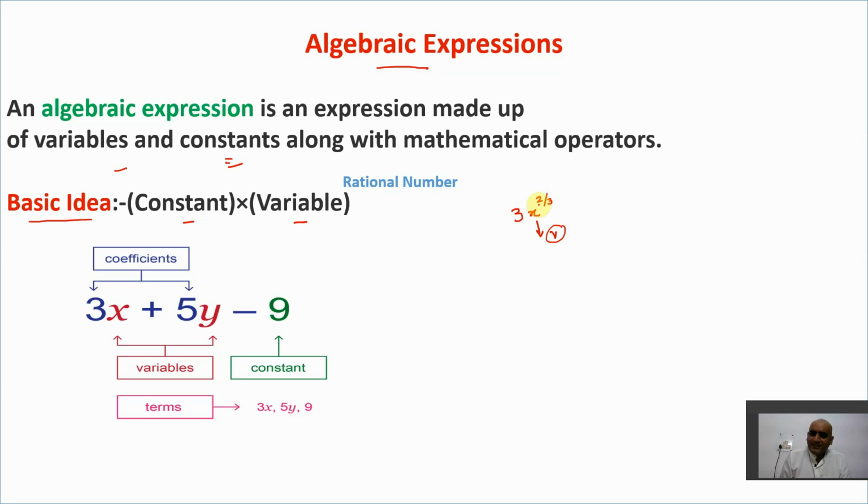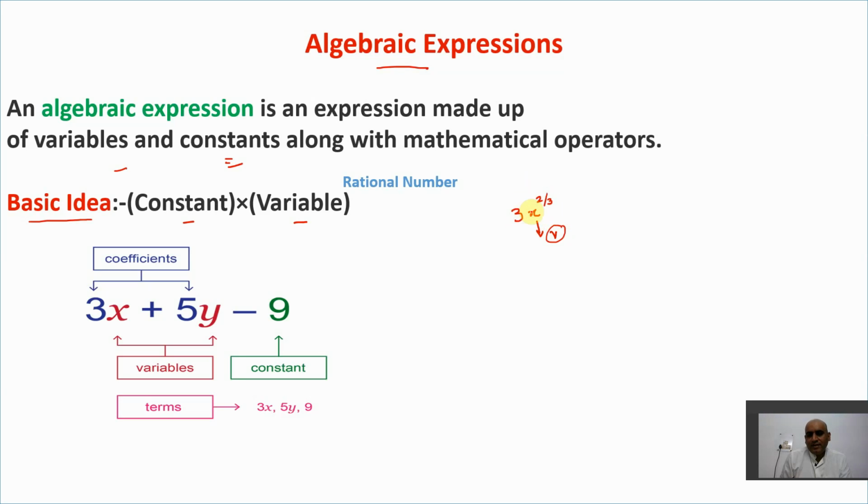If I put x is equal to 2, I'll get 3 into 2 to the power 2 by 3. So every time I put a different value of x, I'll get a different number. That means the value of x can be changed. So that's why it becomes a variable, because in the variable the value changes.